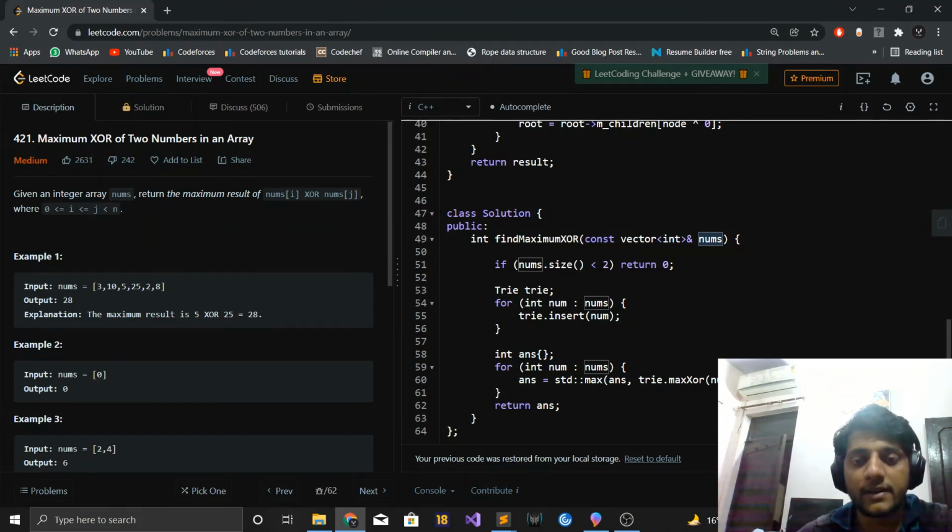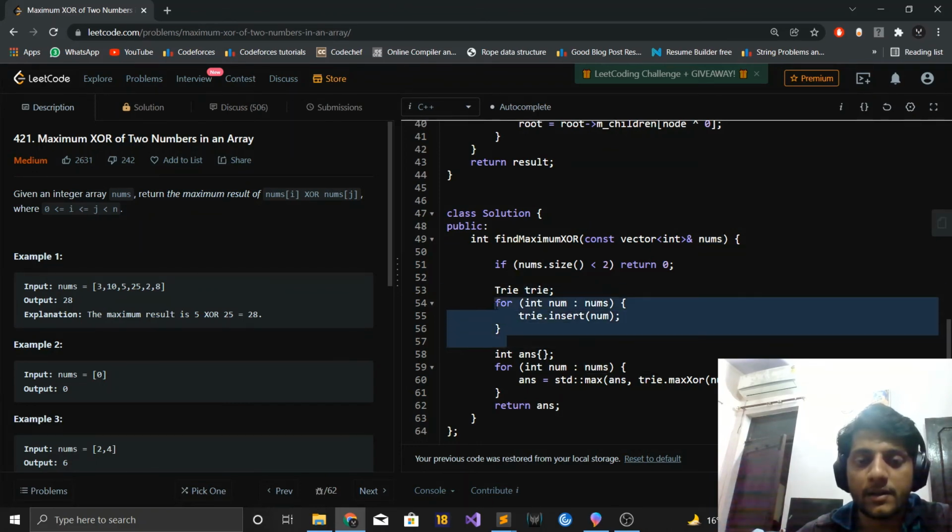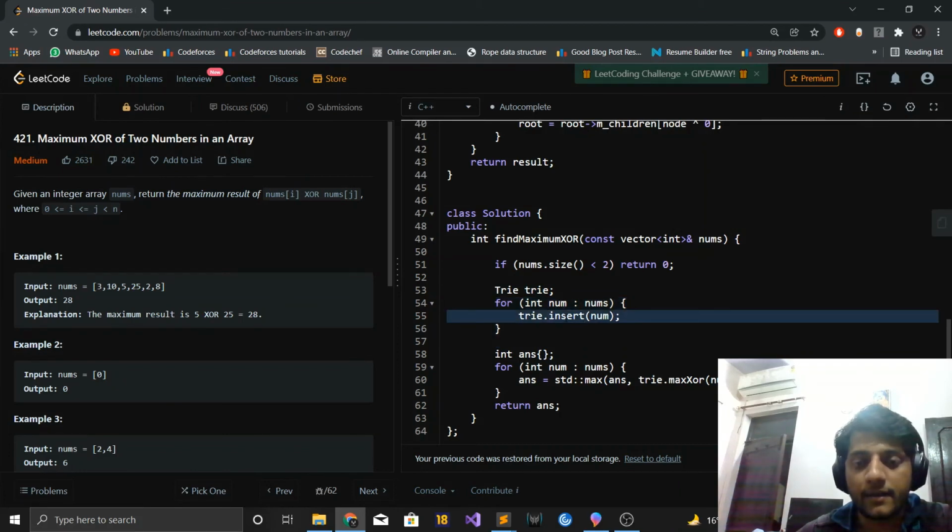If the size of the array itself is less than 2, we cannot get any XOR. Then I will create an instance of the trie class, and I will insert all the numbers in the trie. Eventually for each number I will try to get the maximum XOR, and accordingly I will update my result and eventually return the answer.